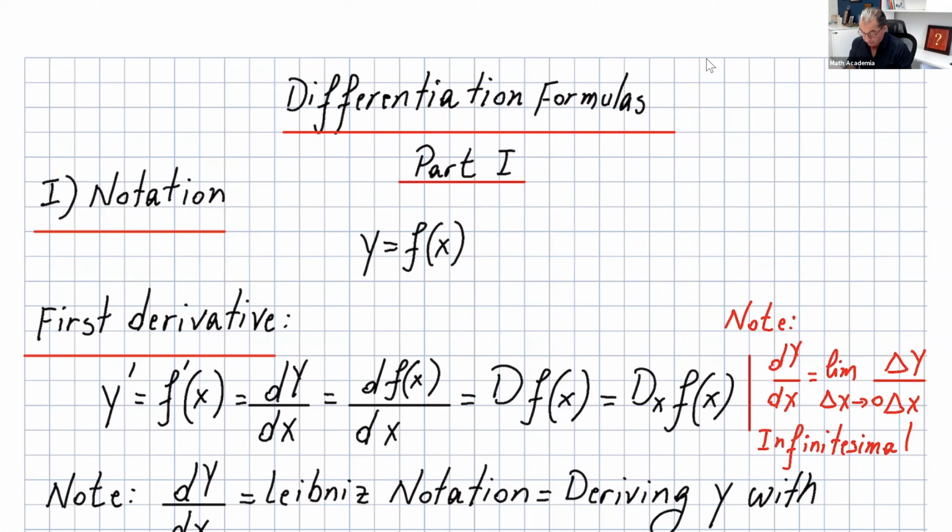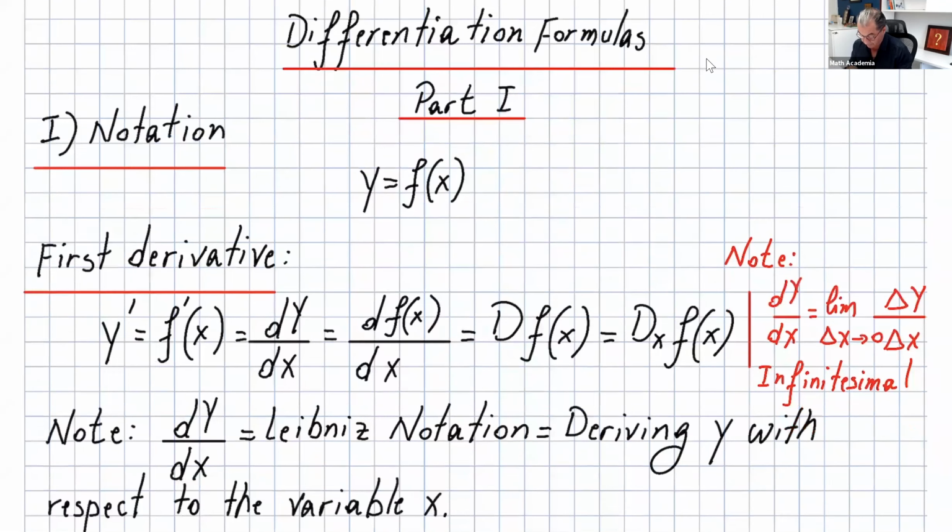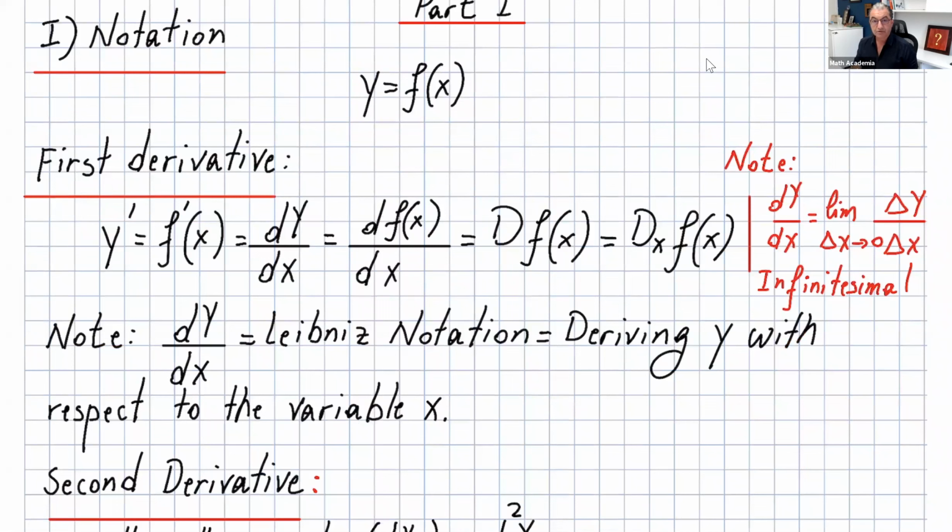First of all, let's go over the notation. I went over this in the last video, but if you have a function y equals f of x, there are several ways you can write the first derivative. You can say it's y prime equals f prime of x, and that's the same thing as dy dx or df of x over dx.